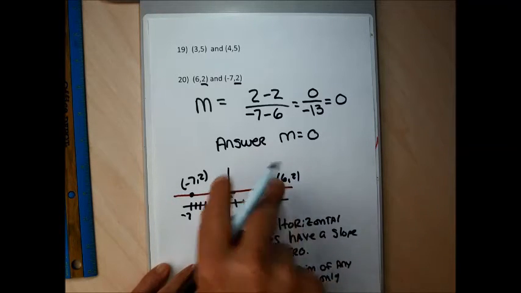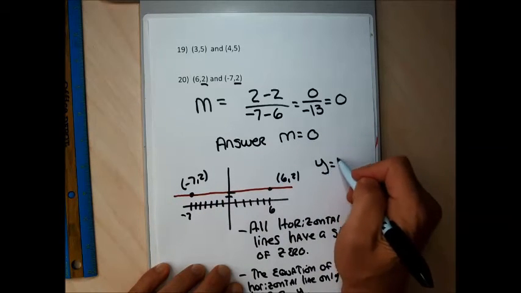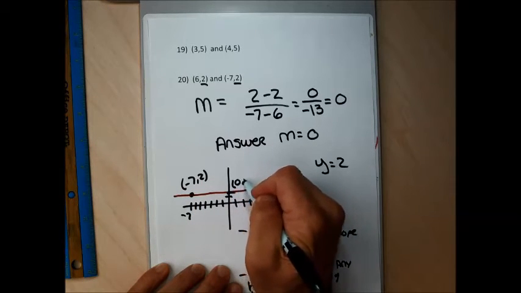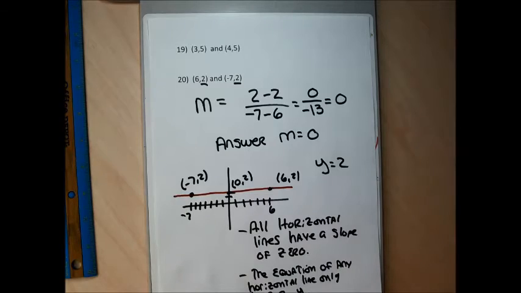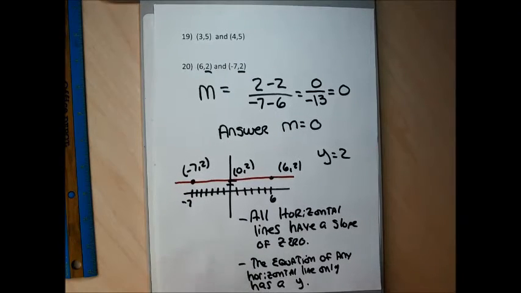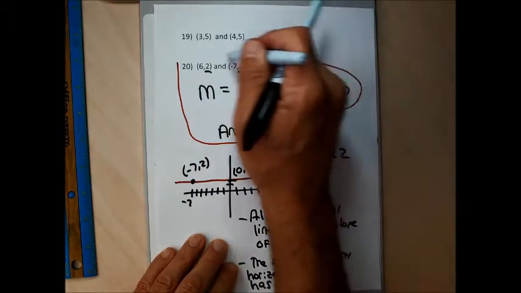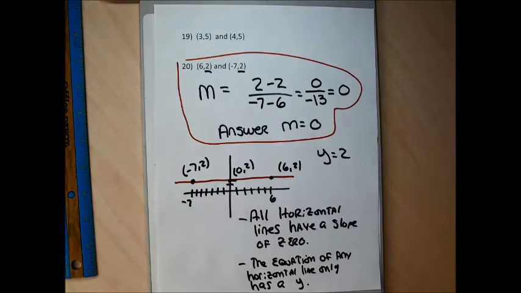And this line right here, its equation would be y equal to 2 because every point on the line, even the points that I haven't marked, has a y-coordinate of 2. Now, that's way excess. The only thing we had to do for problem 20 was find the slope of the line that connects those 2 points. But, heck, that was extra. It hardly hurt to give you the extra. All right, so you should be able to do 19.